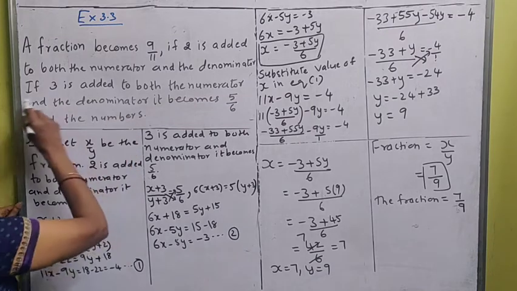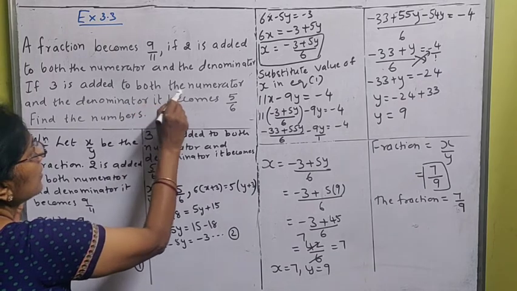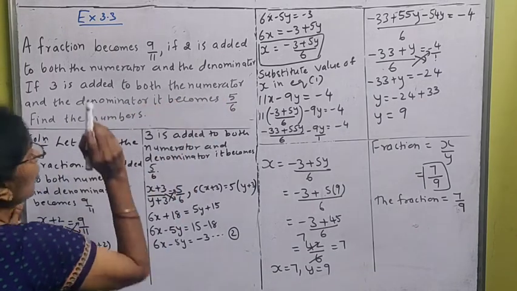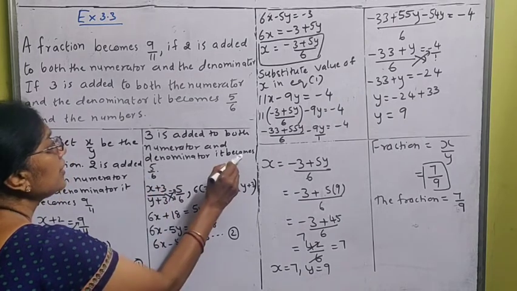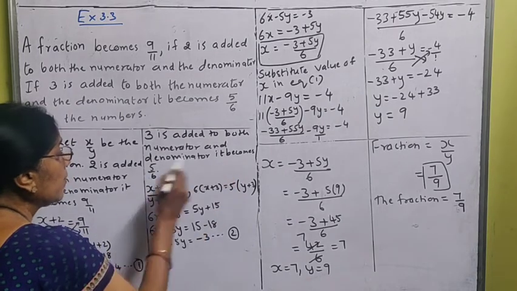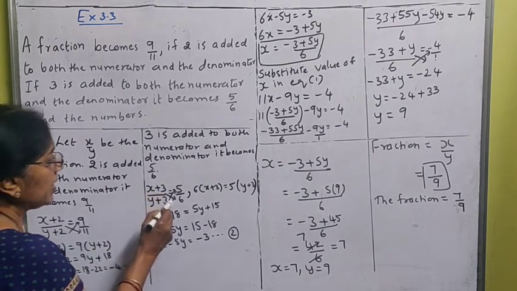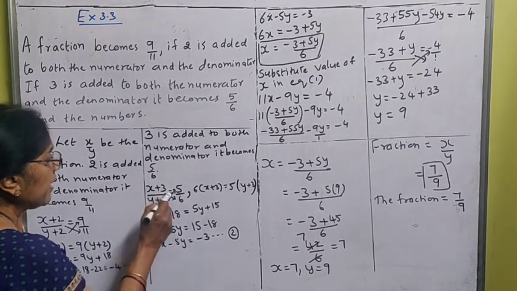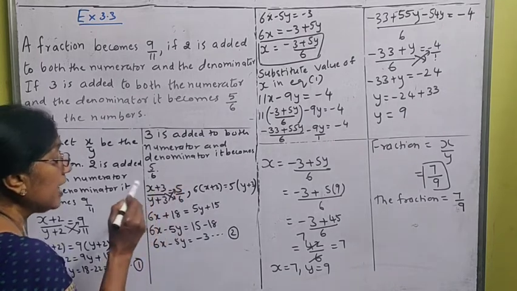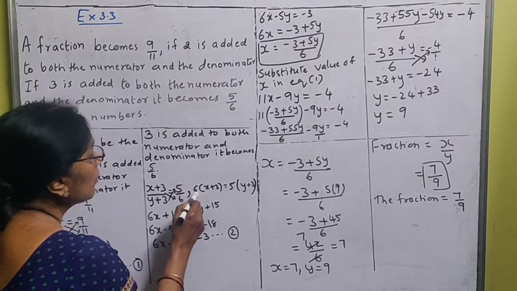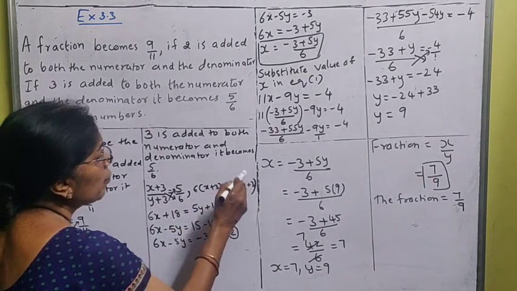Let us go to the second condition he has given. If 3 is added to both the numerator and the denominator, your number will become 5 by 6. So to x you add 3, to y you add 3. (x plus 3) divided by (y plus 3) is equal to 5 by 6. Again cross multiplication: 6 multiplied with (x plus 3) and 5 multiplied with (y plus 3).